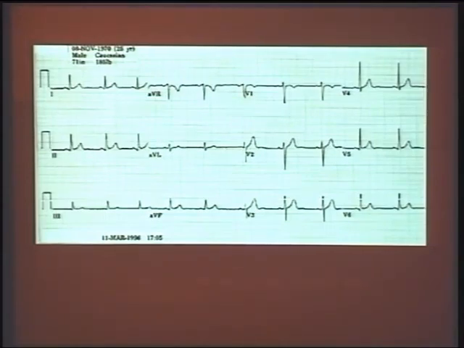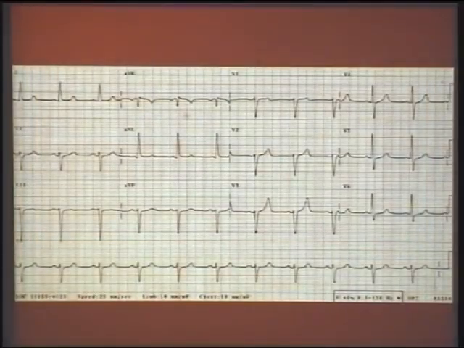Next, 6 limb leads here: L1, L2, L3, AVR, AVL, AVF. What is the axis? Left axis. Number. Clinical significance. Left anterior fascicular block. See that left axis. Which lead to confirm? L3 is negative. That means it is going away from my right side lead towards my left side lead. Good.